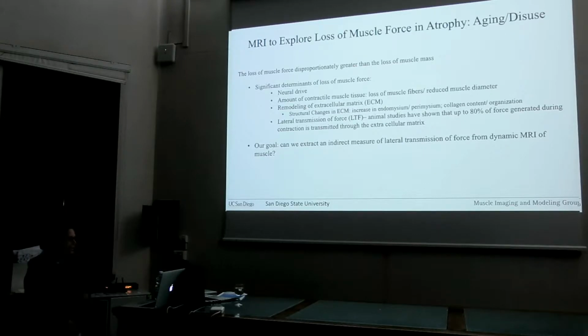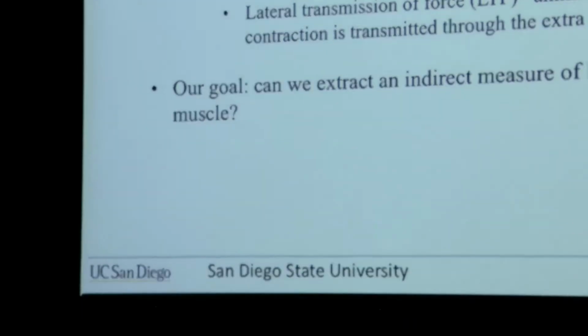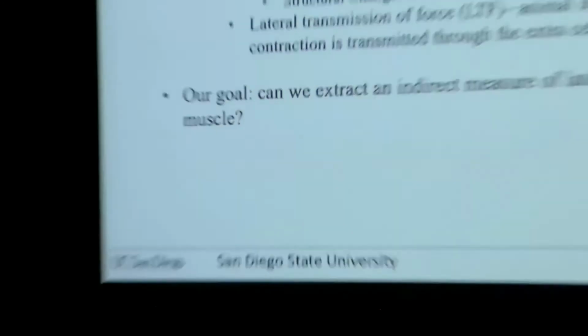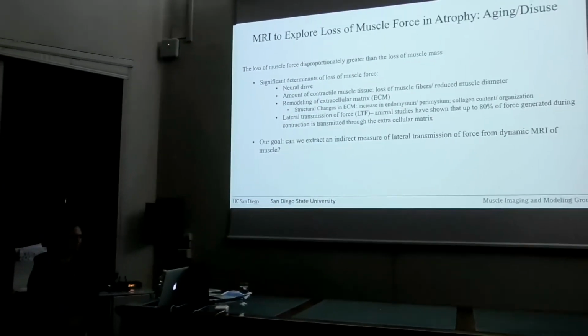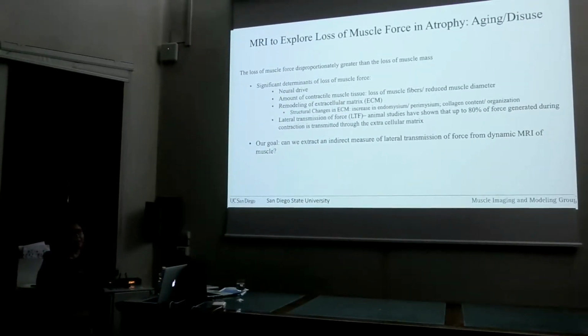matrix. So we saw in the previous talk that some of the structural changes in the ECM could be documented, primarily in MR because our voxel resolutions are not high enough to go to the endomysium or even the perimysium level, but we can document the gross changes like fibrosis changes. That was what was shown in the 3D map.